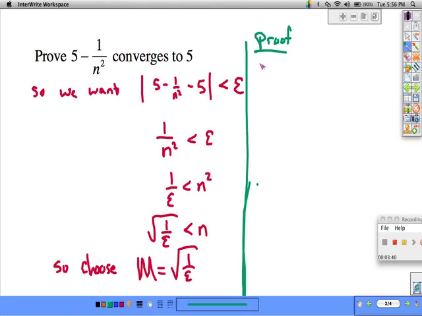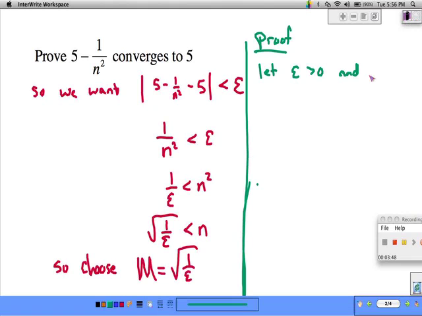So what we're going to do is we're going to let epsilon be bigger than 0 and m equal this thing that we found on the left-hand side. Then for all n bigger than that m, what that means is that n has to be greater than the square root of 1 over epsilon.